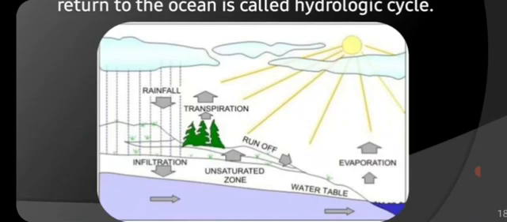That rainfall water may infiltrate into the ground. Some part of water may flow on earth's surface as runoff, and ultimately the infiltrated and runoff water meet or flow to the water bodies.